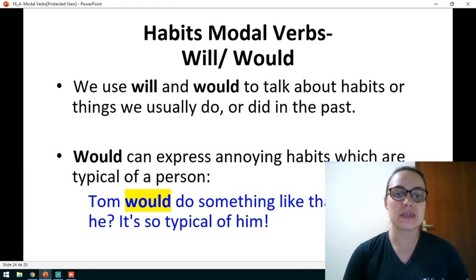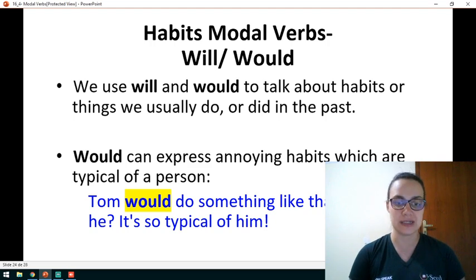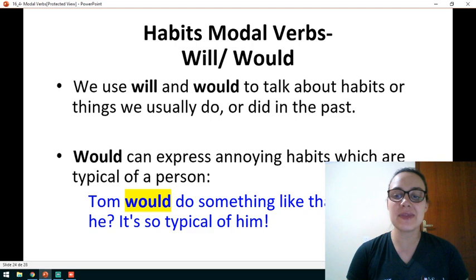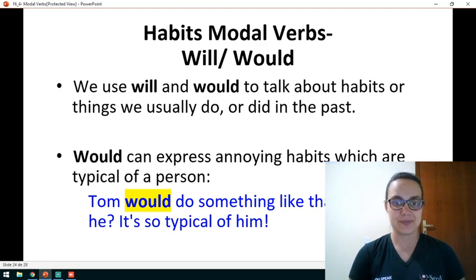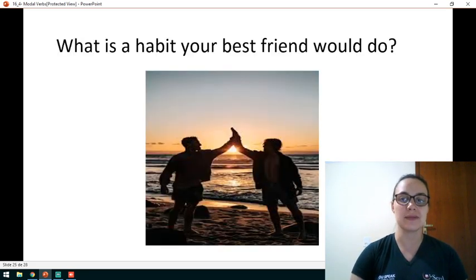We use would to express annoying habits which are typical of a person. So, for example, Tom would do something like that, wouldn't he? It's so typical of him. So, if we're talking about annoying habits, we would use would.